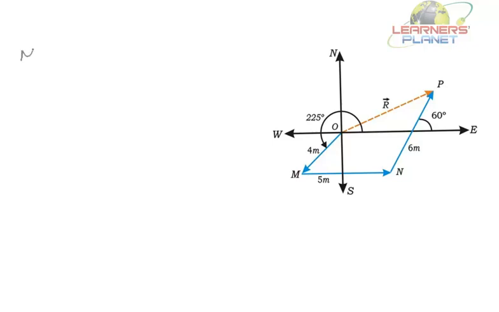Now similarly for the MN vector, it makes an angle of 0 degrees with the east axis. So the angle theta is 0 degrees. So this MN vector can be written as MNx i cap plus MNy j cap.